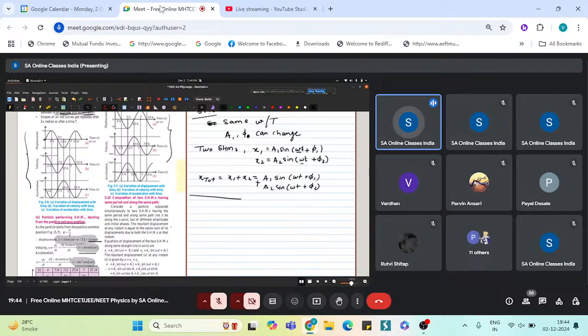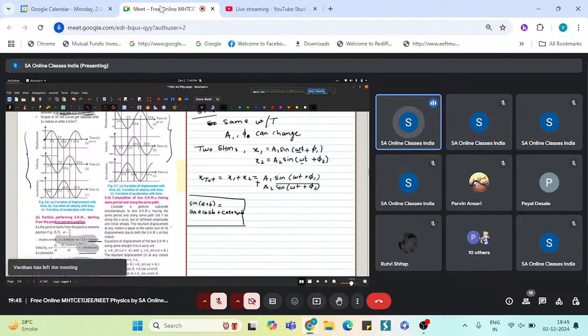Now you probably know this formula already, which is that sin(A plus B) is equal to sin A cos B plus cos A sin B. So this is a trigonometric identity, and we can use this identity to open sin(omega t plus phi 1), and then sin(omega t plus phi 2).